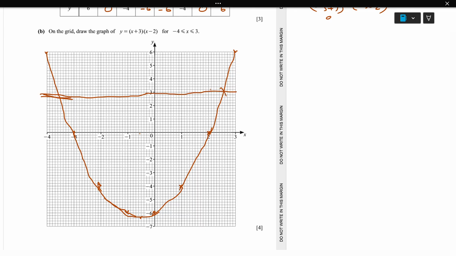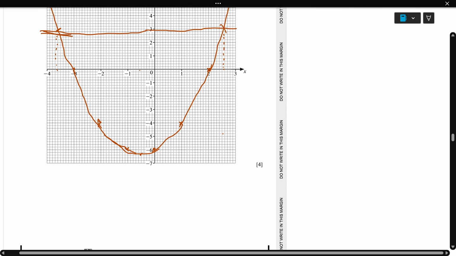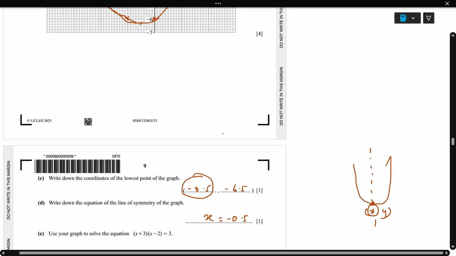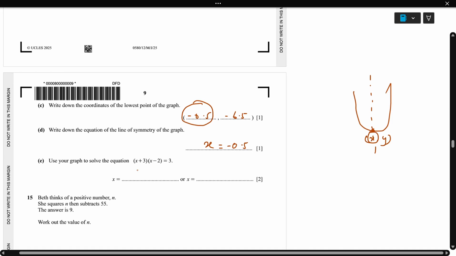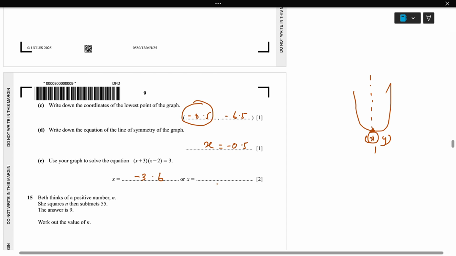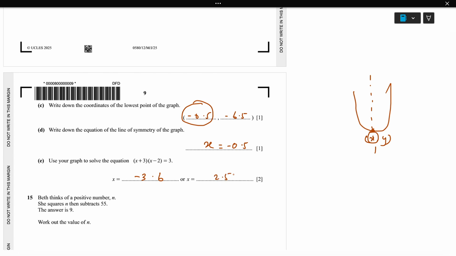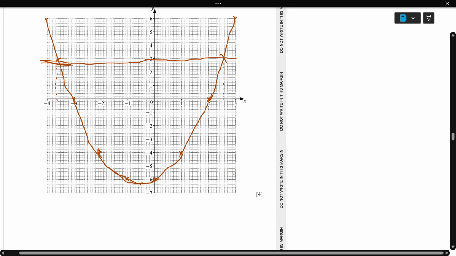Where they intersect, just check on the x-axis and you will get that value. So the first one is negative 3.6, and the second one is going to be 2.5.